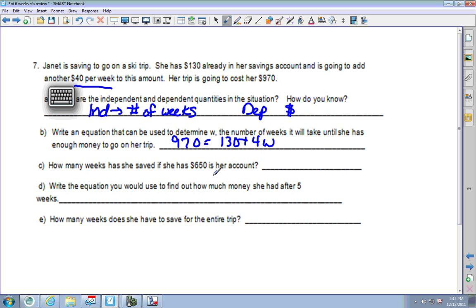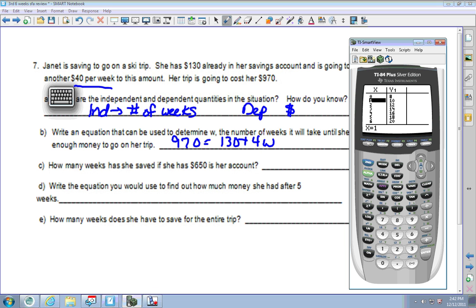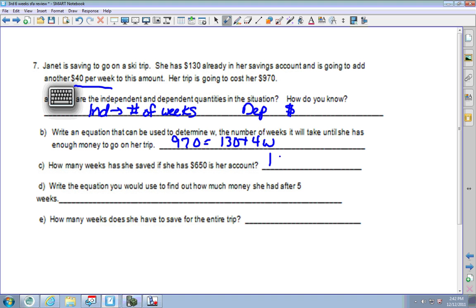How many weeks until she has saved $650 in her account? Well, I'd go into my calculator and put in there 130 plus 40x. And then go second graph. And let's go see where y is. Oh, there it was, 650. It's 13. So 13 weeks.